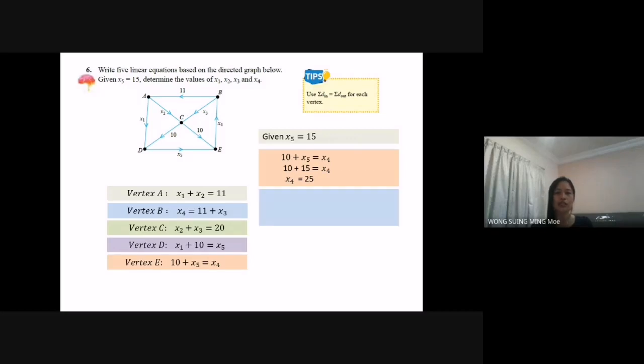So I try to substitute into the equation S4 equal to 11 plus S3. S4 here equal to 25. So I write 25 equal to 11 plus S3.